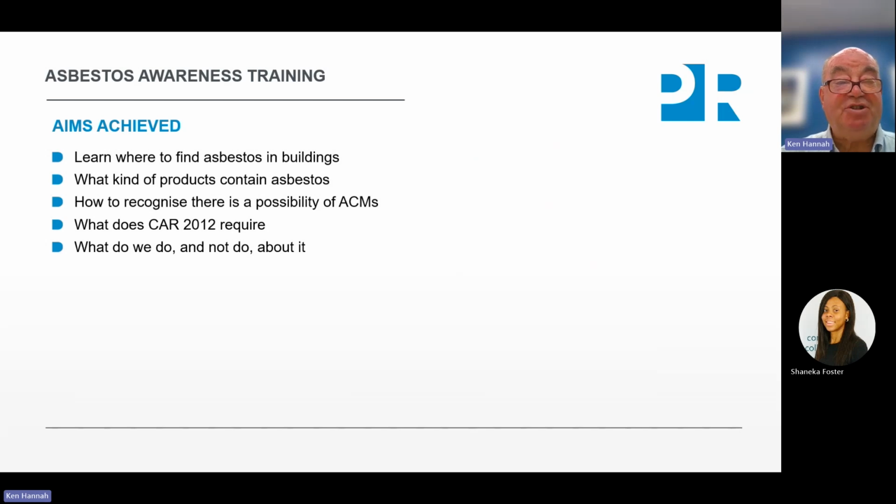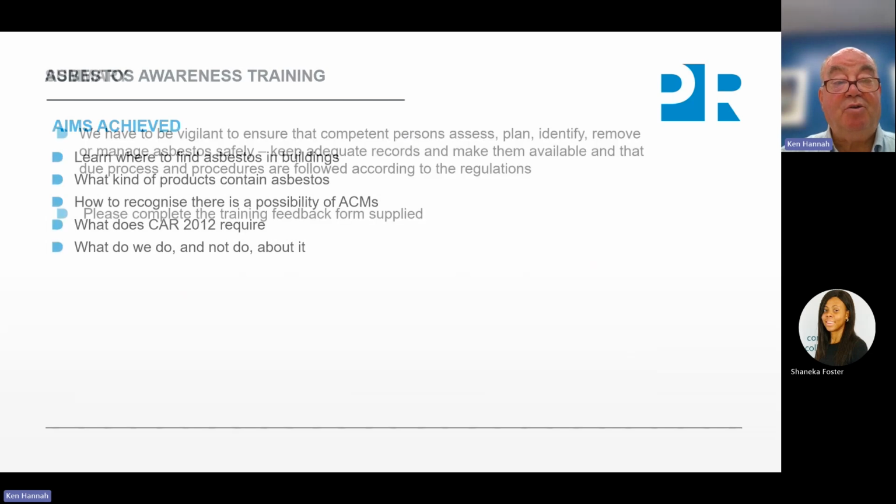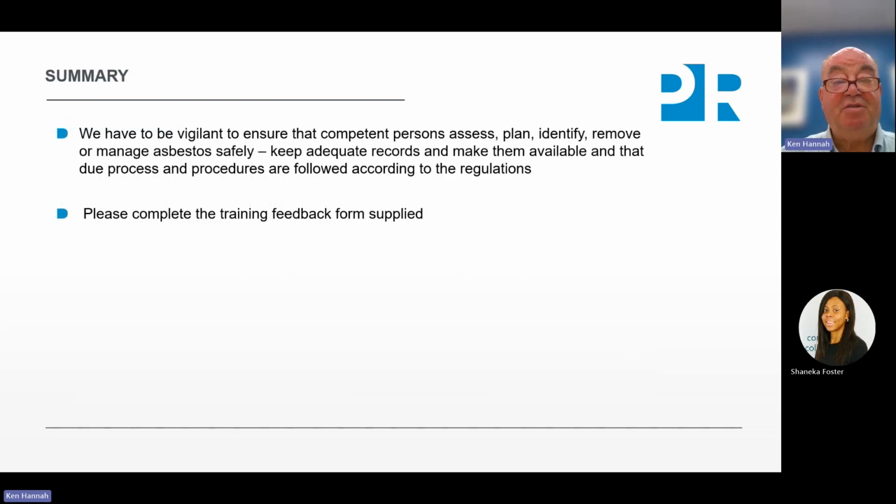So aims achieved: learn where to find asbestos, what kind of products contain it, how to recognise there is a possibility of ACMs, what the law requires, and what you should do. I hope we've covered that. We all have to be vigilant to ensure that competent persons are employed in this and not the cheapest and quickest system, and we must make records.